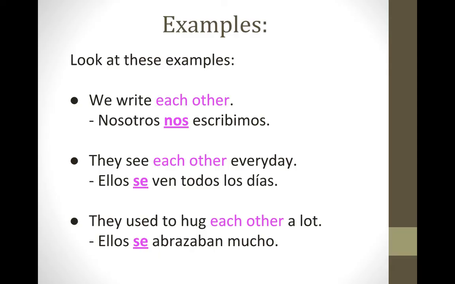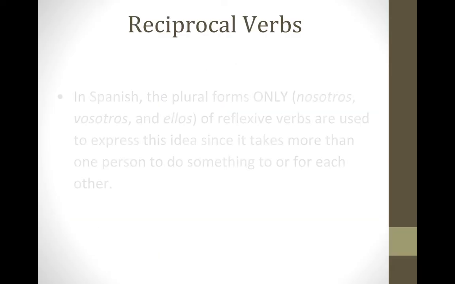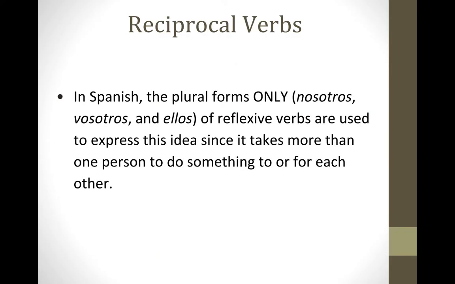In comparison with reflexive verbs, it is important to note that in Spanish, only the plural forms, by which I mean nosotros, vosotros, and ellos, are used to express this idea, since it takes more than one person to do something to or for each other.